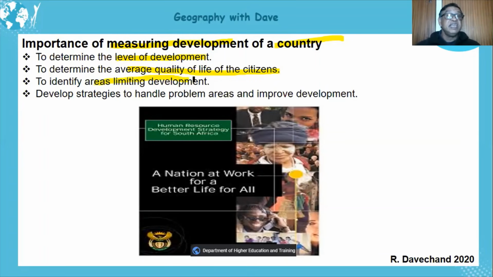Identify areas limiting development. Why is it? What are the factors? We are not processing enough goods. We're selling our raw materials. So let's make a change, and develop strategies to handle the problem to improve development. I've taken this from grade 9, but it does bring out a significance.